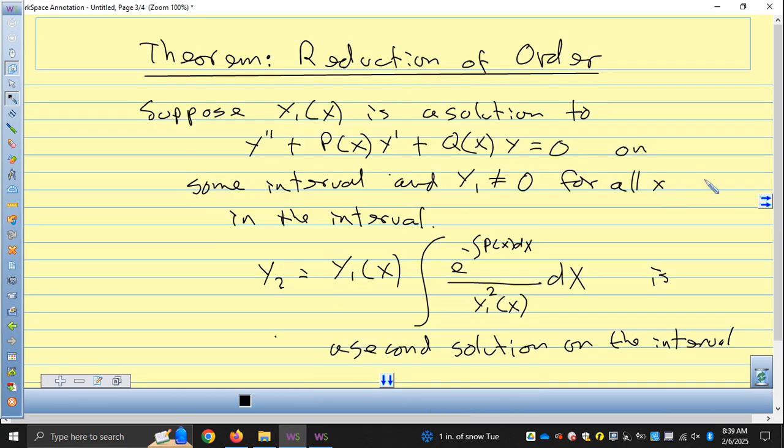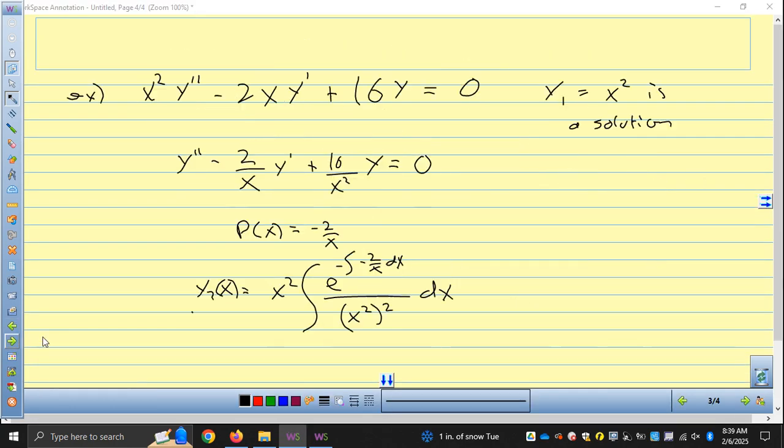Do I have everything in there right? E to the negative P of x, yes. Okay.